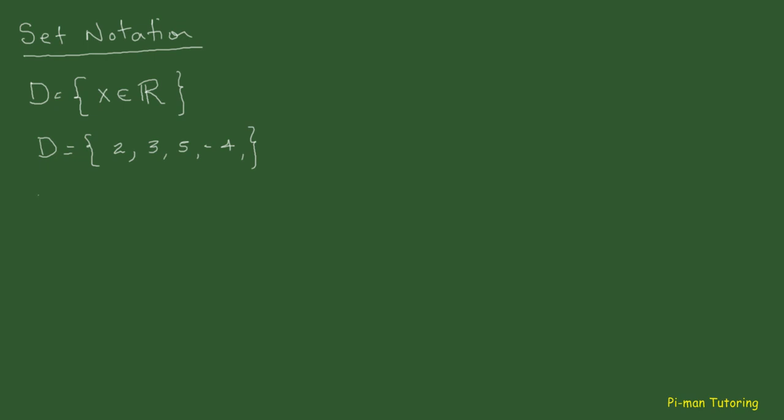And now for the range of the function, we use a capital R, and we use the same kind of set notation. So if there's no restrictions on the values of y coming out of the function, we can say that y is an element of the set of all real numbers. And that would be our range for an unrestricted function.